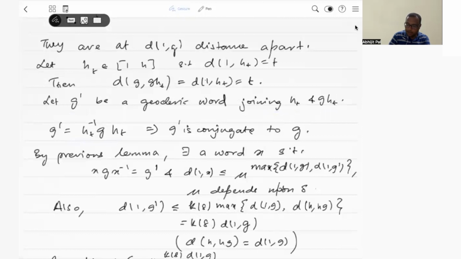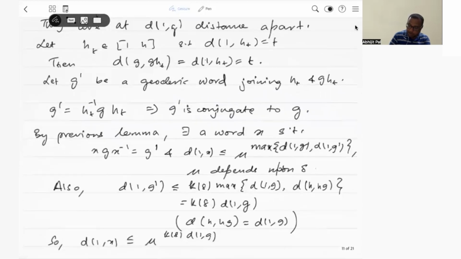This will imply that g' is conjugate to g. So now by the previous lemma, there exists a word x such that x g = g' x, and the distance between 1 and x is less than or equal to mu to the power of the maximum of the distance between 1 and g and 1 and g'. This mu depends only upon delta.